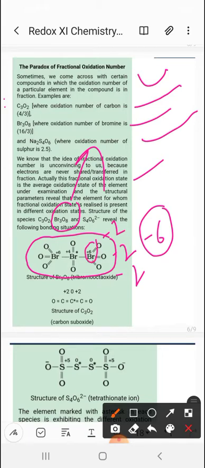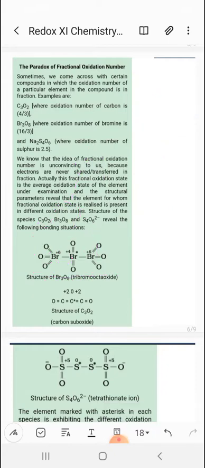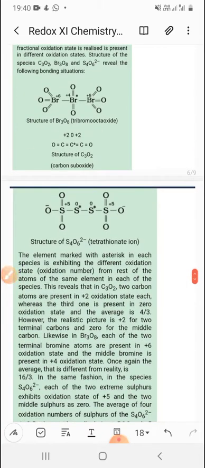Now for this bromine, don't count the bromine bond, only the oxygen. This is -2, this is -2, total -4, so it has the +4 oxidation state. Here again bromine has -2, -2, that is -6, so it has +6. And if you add all these oxidation states, it gives 0, because the compound is neutral. In this way you can calculate the oxidation states of bromine, so you have to open the structure for that.